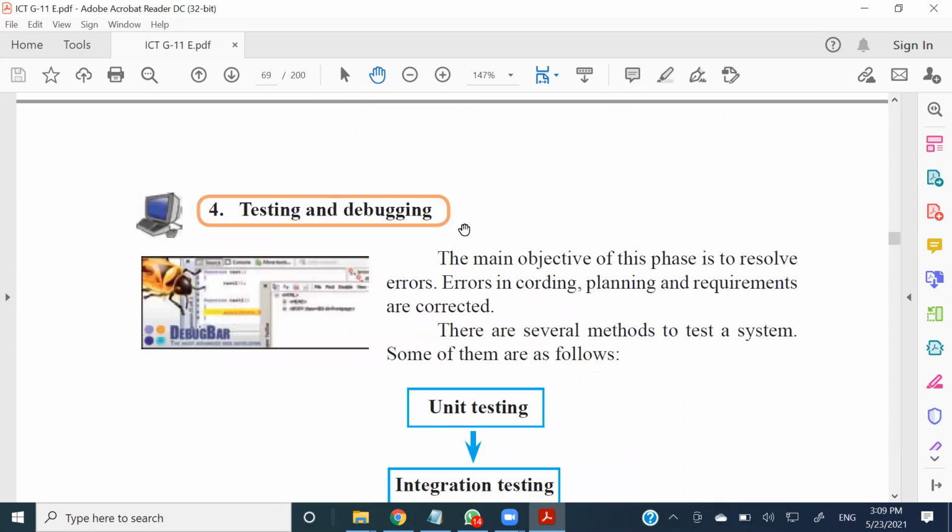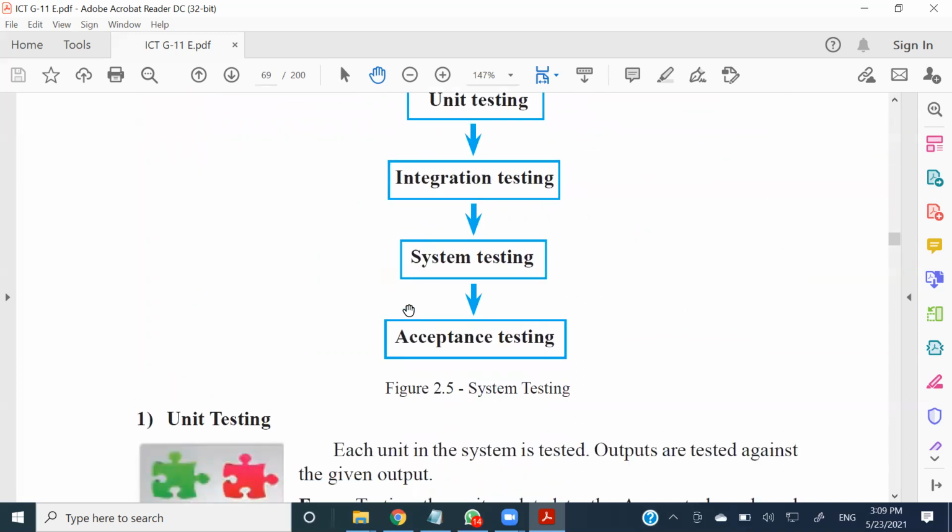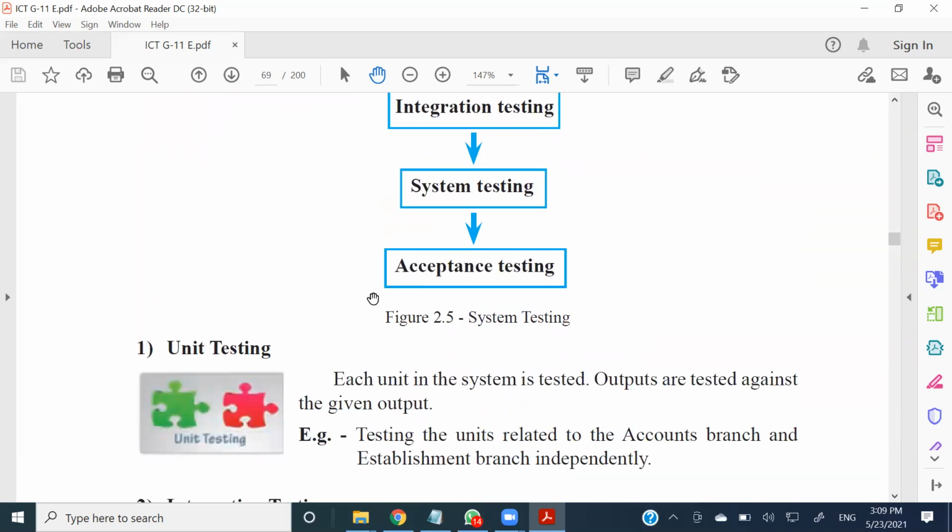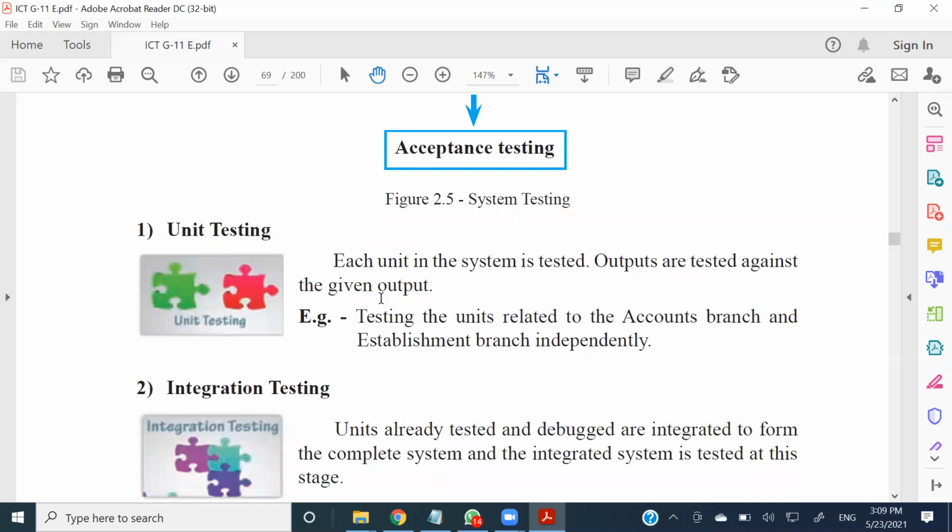Then once the system is done, we do the testing and debugging, right? Debugging means clearing out the bugs, or the errors, in the program. To do that, the SDLC introduces four different types of testing methods, like unit testing, where we test the small parts, or the tasks given to the programmers individually.